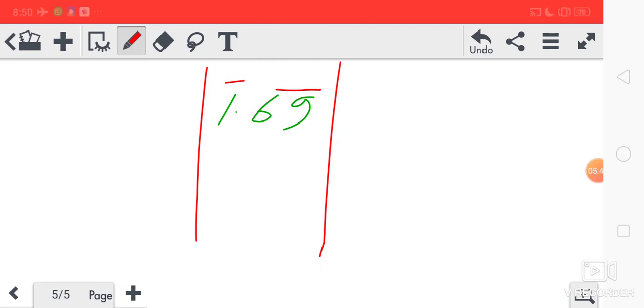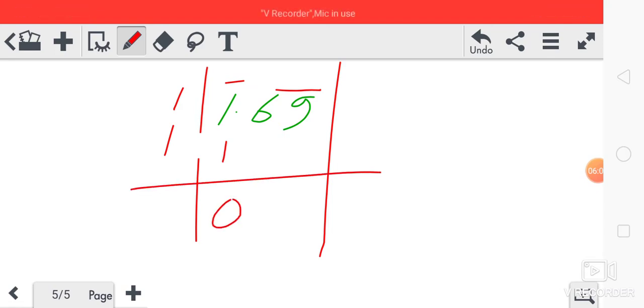Now this 1 here is 1 only, so we take only 1. 1 into 1 will get 1. How much will we get? We will get 1 only. Now 1 minus 1, 0 we will get.